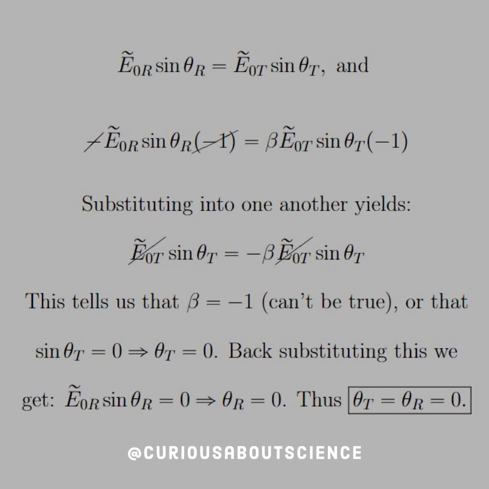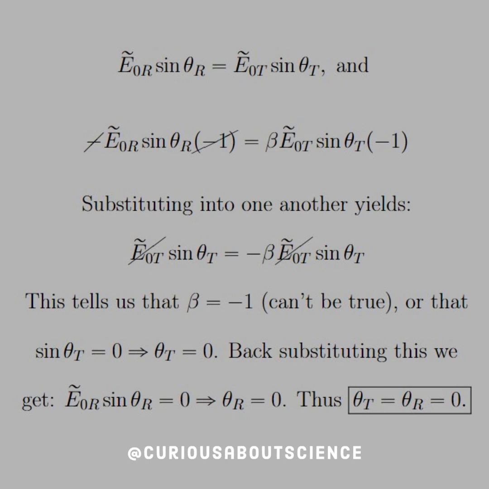And so you see these two equations are similar but different by a factor of beta and a minus sign. So substituting this into one another for E naught R sine theta R and pushing it together to find what theta t is, we see that the complex coefficients for the transmitted cancel, and we're left with sine theta t is equal to negative beta sine theta t, which tells us that beta is equal to negative 1.